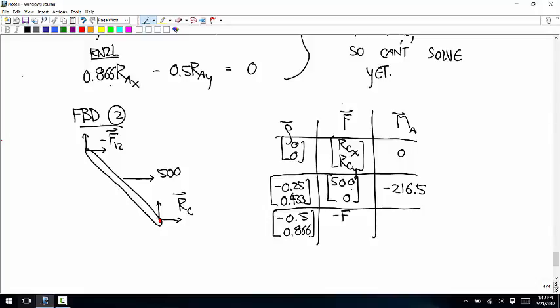Force vector is negative F12x, negative F12y. And the cross product is negative 0.5 F12y plus 0.866 F12x.